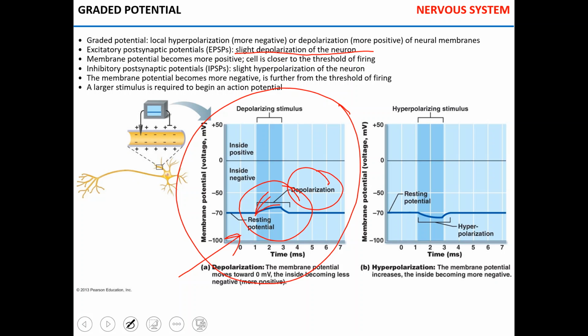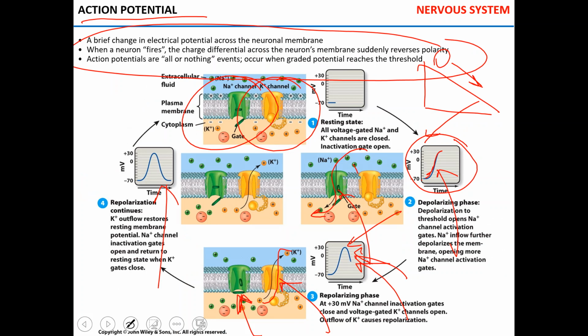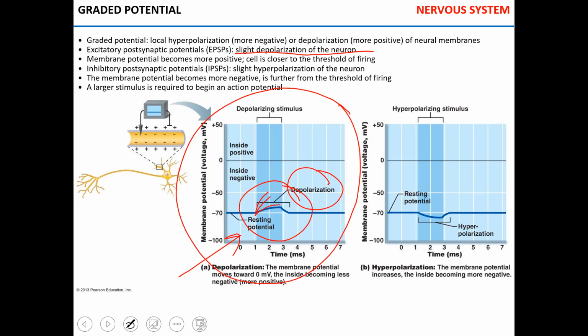That brings the cell closer to the threshold of forming a true action potential. So the more positive ions flow into the cell, the more depolarized it is, the more excited it is, the more likely the cell is to fire, to transmit the nerve signal.